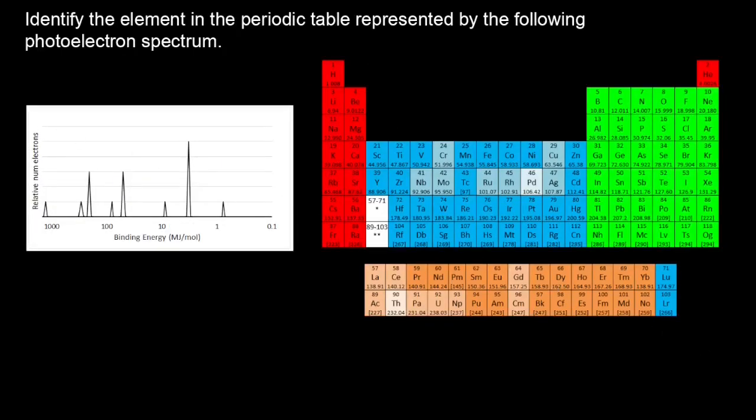Let's identify the element in the periodic table represented by the following photoelectron spectrum. So we can work our way through the periodic table in order of energy levels. So basically the subshells closest to the nucleus to the valence shell. So what we have is the 1s, 2s, 2p, and so on.